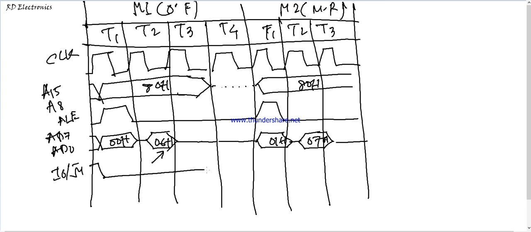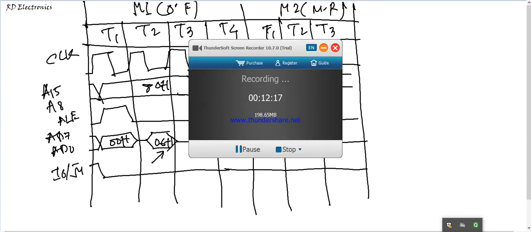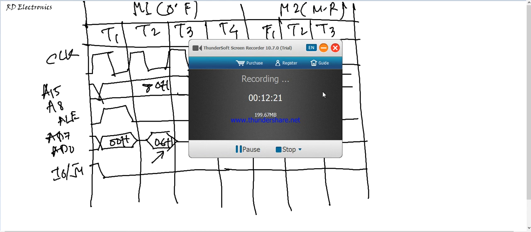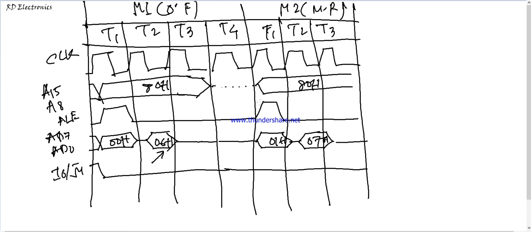IO/M bar is low all over the clock time period. And here S1 equal to 1, S0 equal to 1. Here S1 equal to 1, S0 equal to 0. These status signals show that 11 means opcode fetch phase and 10 means memory read operation.